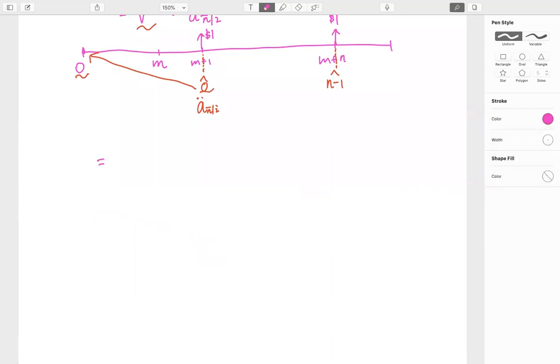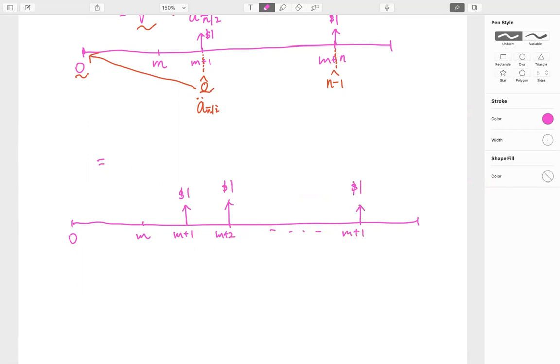So again, let's draw a timeline. So here is n, here is n plus 1, here is n plus 2, goes all the way to n plus n, $1. Okay, so I want to know the present value at time 0, but this is not a standard annuity, right? So let's do more magic.